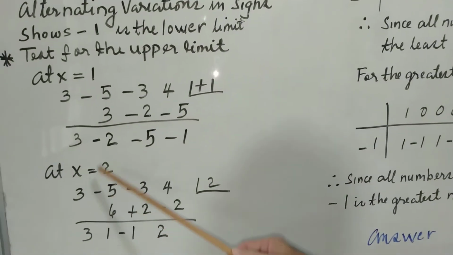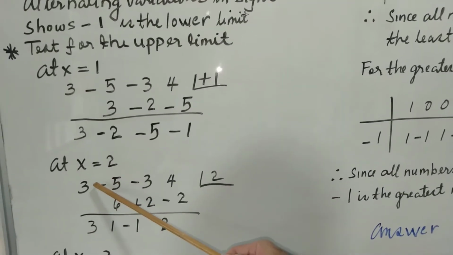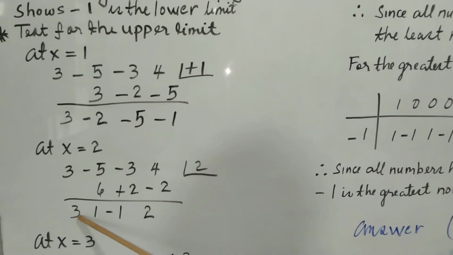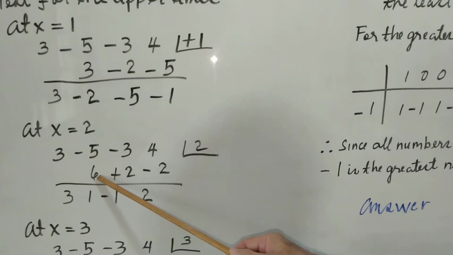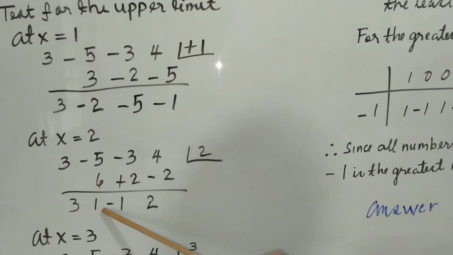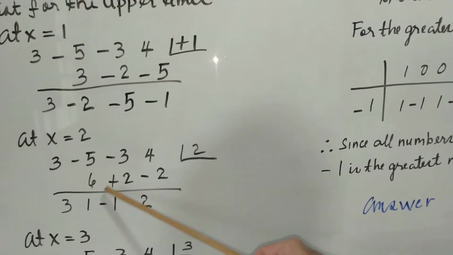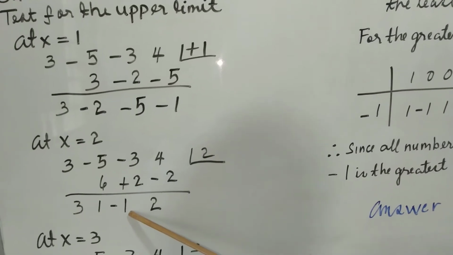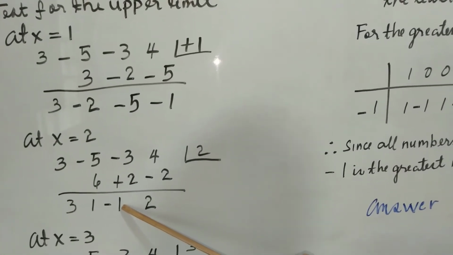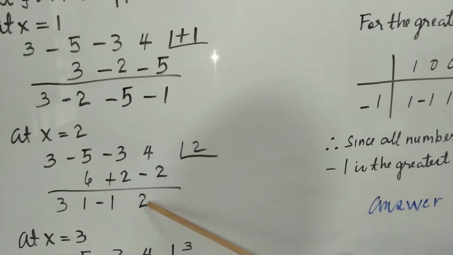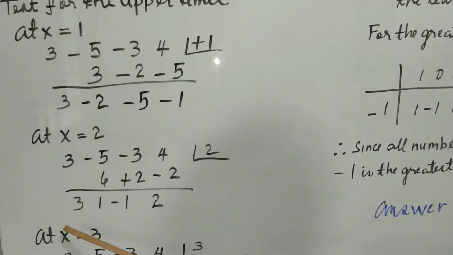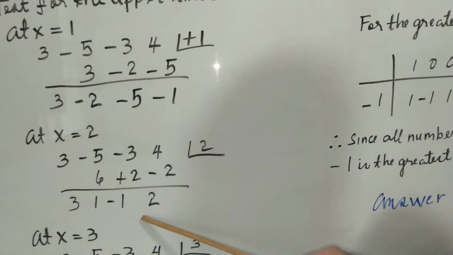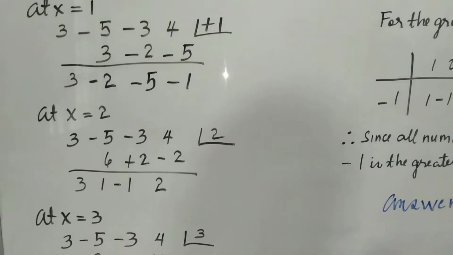So at x is equal to 2, we continue. We bring down 3, times 2 is 6. We add this, 1 times 2 is 2. We add this, -1 times 2 is -2. We add, 2. So it still does not satisfy the rule.